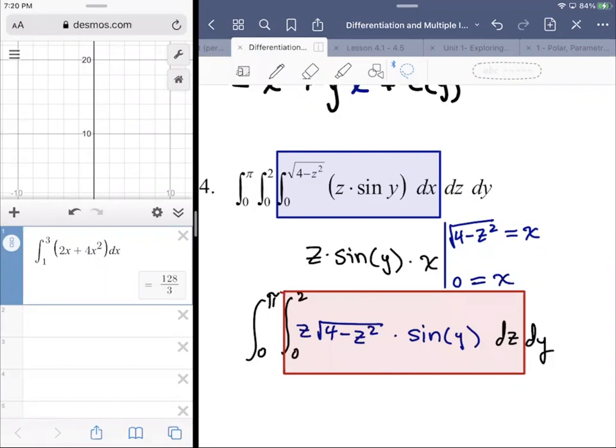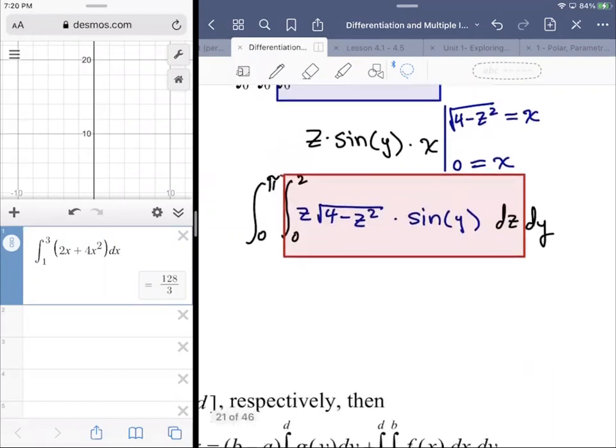But we don't have a basis for being able to do that just yet. We've got to learn about why we have the dx's, dy's, dz's in the orders that they are first before we can go any further with that. So more on that later. So I'm integrating my z variable here only.